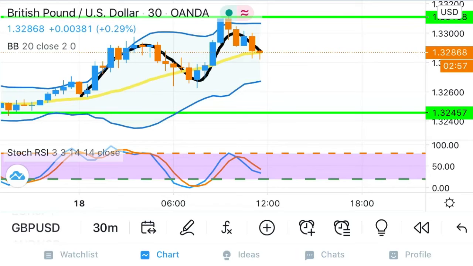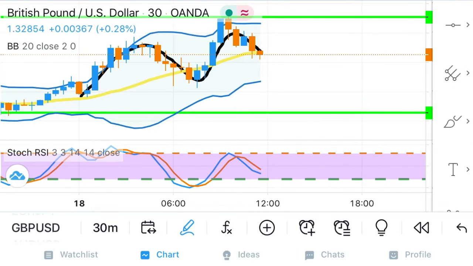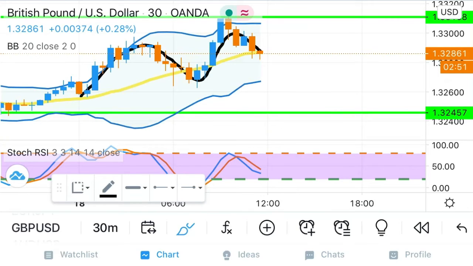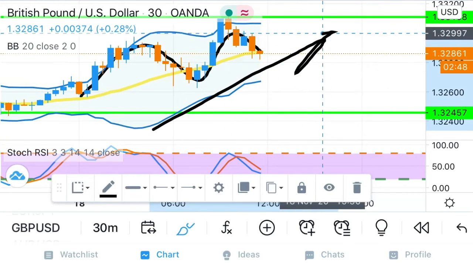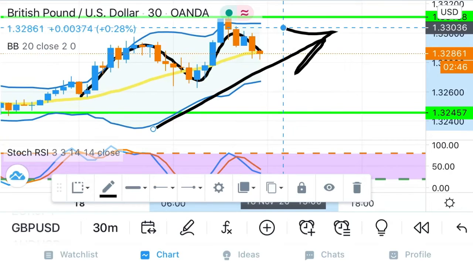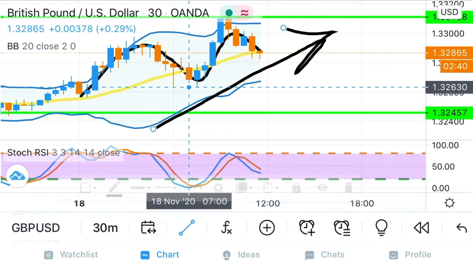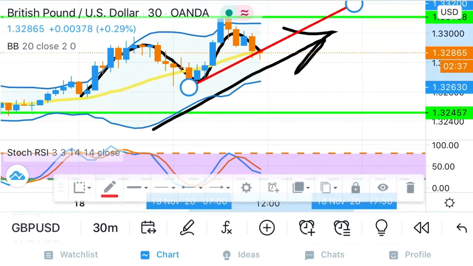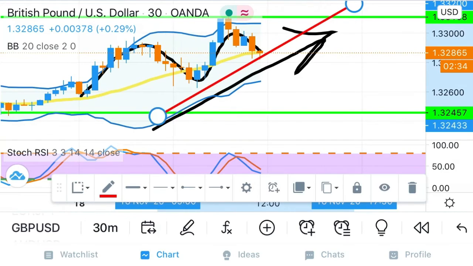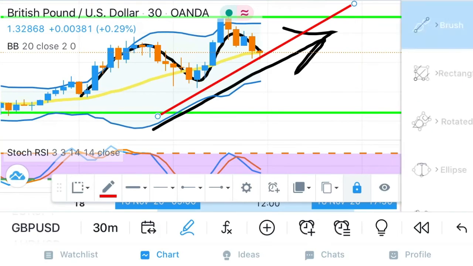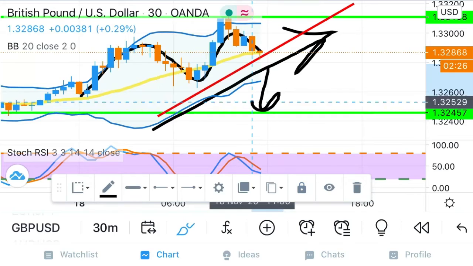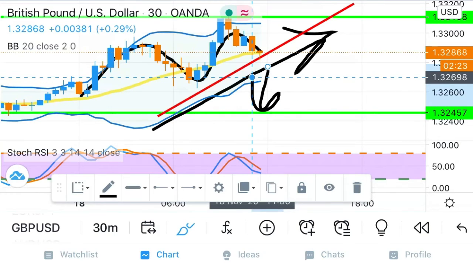Low key, what I also see is it looks like an uptrend, so I could draw a trend line if I really wanted to, right there. If it breaks that trend line, I could just go bonkers and swing all the way down and trade that for a good 15 minutes, or 30 minutes if I want to.